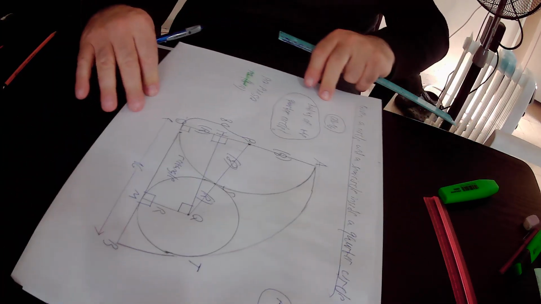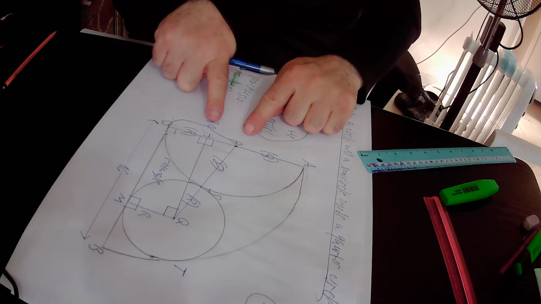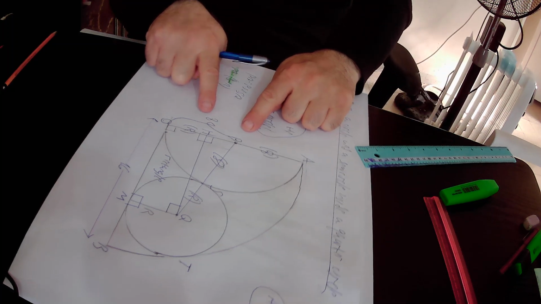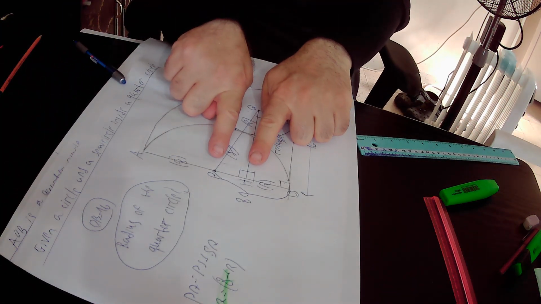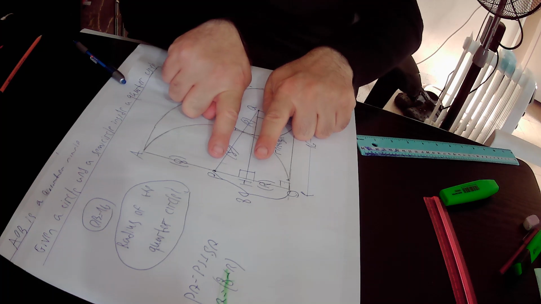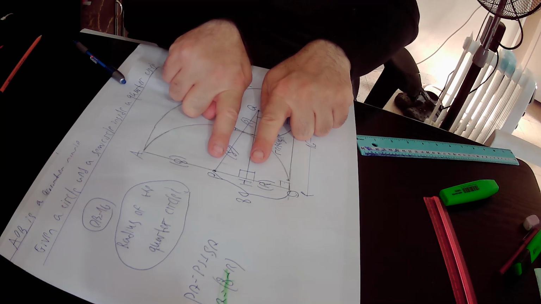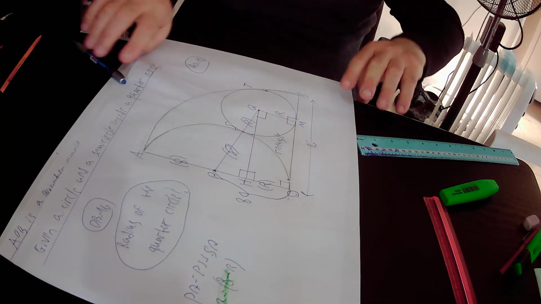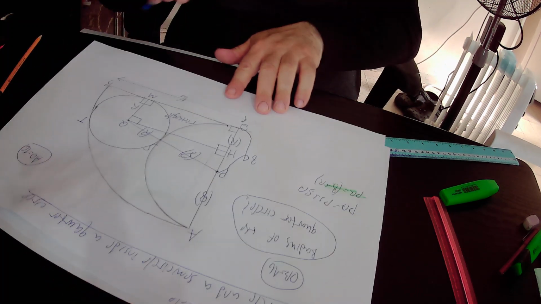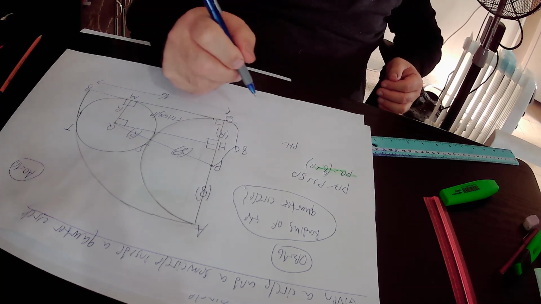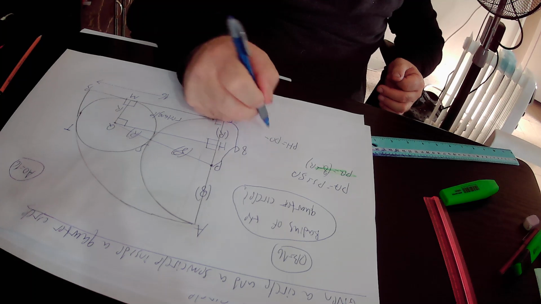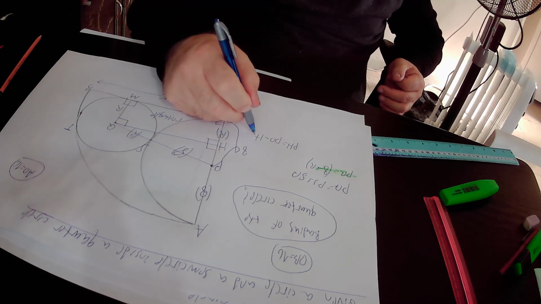What is the length of line segment PH? From the drawing, it is very easy to see that PH equals PO minus HO. So write it down. PH equals PO minus HO.